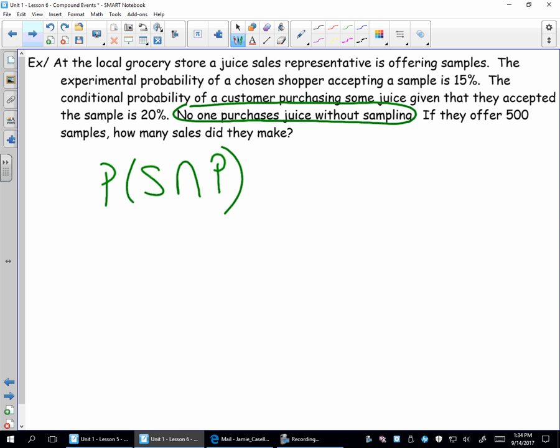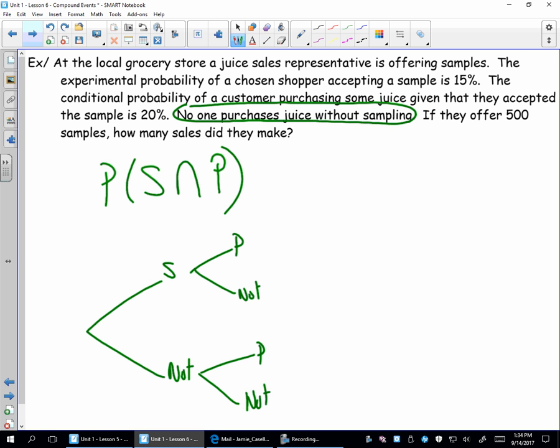Now, maybe this is confusing, so we look at a tree diagram. What's the probability of sampling or not? What's the probability of purchasing or not? Okay, what's the probability of sampling? Oh, it's an experimental probability, 15%, so 0.15, which makes this 0.85. Probability of purchase, if they had a sample, was 20%, 0.2, 0.8.